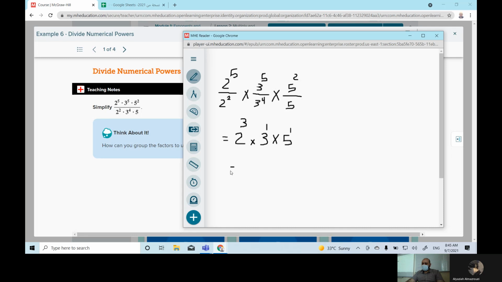So the answer will be 2 exponent 3 multiply by 3. 3 exponent 1 means 3 multiply by 5. Now 3 times 5 will be 15. So we can write the answer 15 times 2 exponent 3.